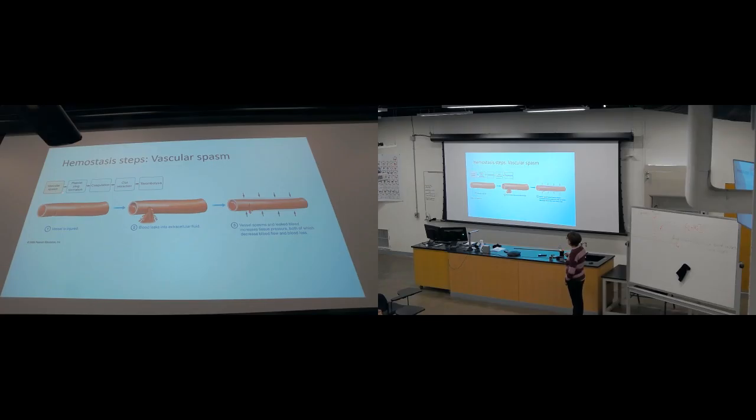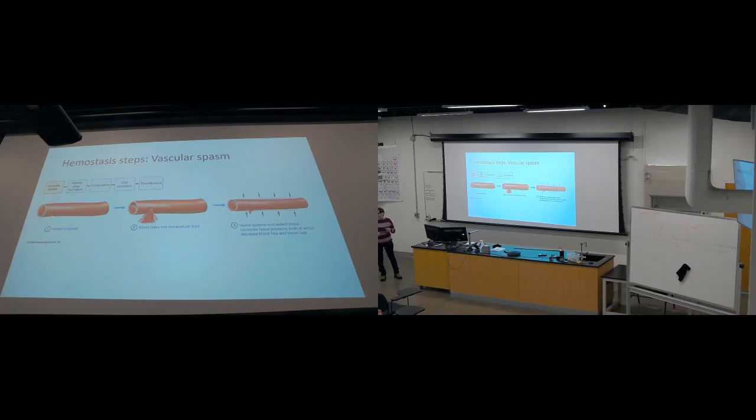The first one is called vascular spasm. When someone injures a blood vessel, it will have, in the wall, smooth muscle cells.